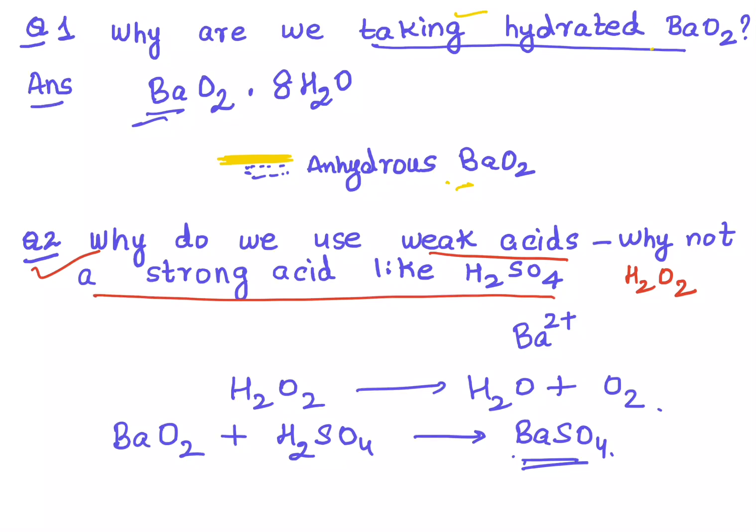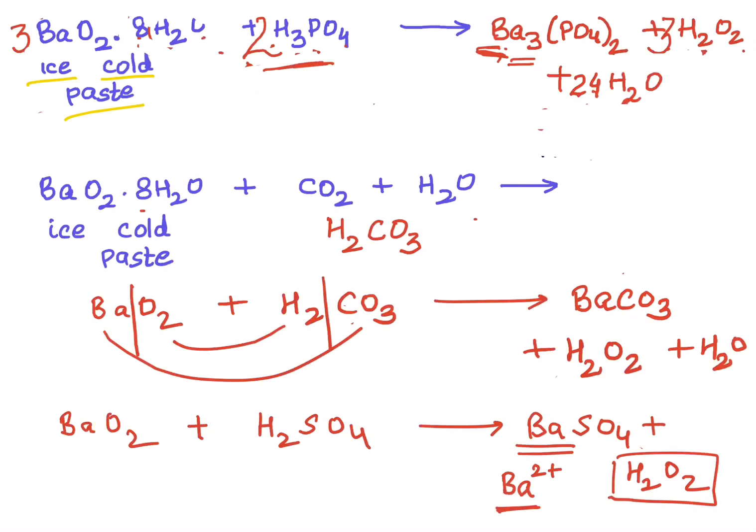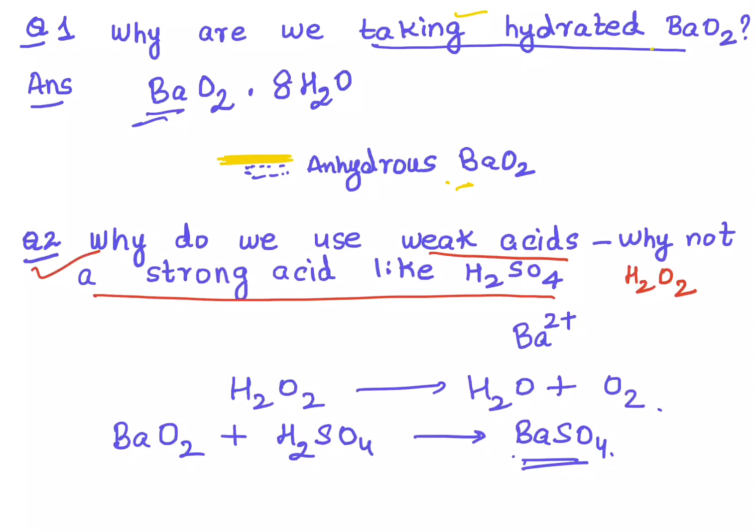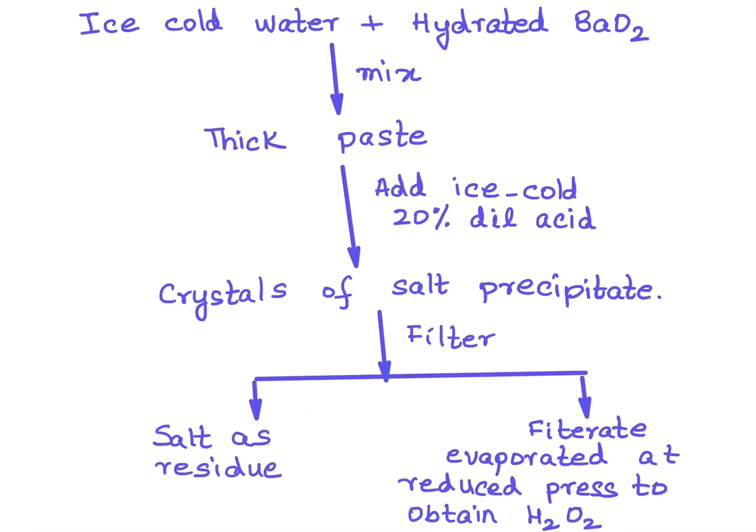Moreover, in most of the textbooks, you would find that they have introduced this particular process by reacting the barium peroxide straight away with sulfuric acid and then going on to say that you should be using phosphoric acid and carbonic acid. I have preferred to do it in the reverse way and write what is actually practically being done.